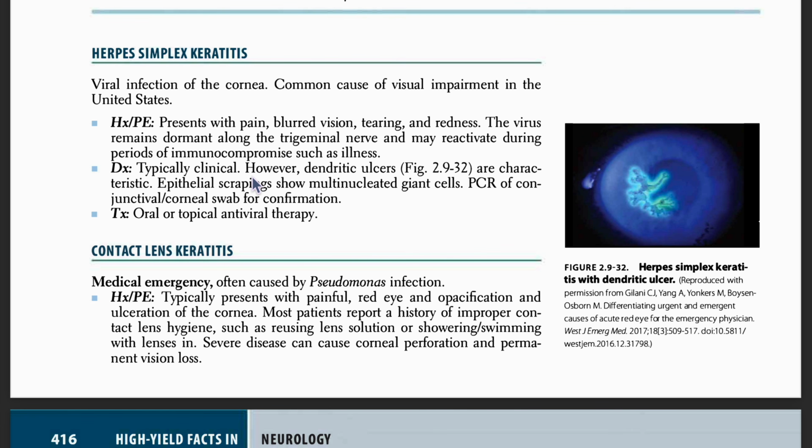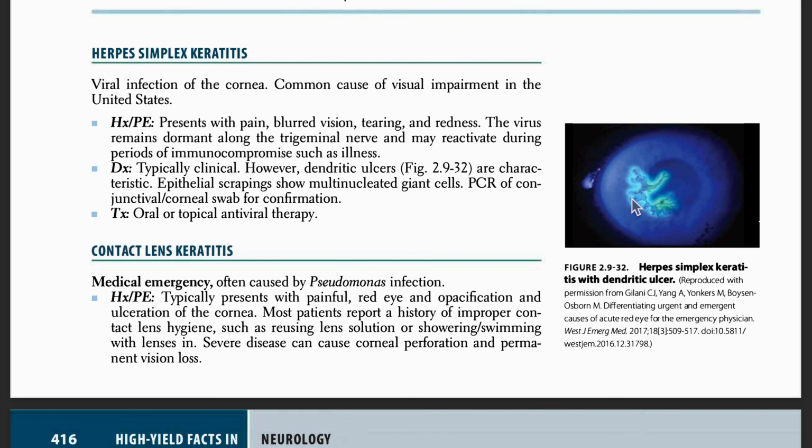Diagnosis is typically clinical, however, dendritic ulcers are characteristic. Epithelial scraping shows multinucleated giant cells. PCR of conjunctival corneal swab for confirmation. Treatment here is oral or topical antiviral therapy.